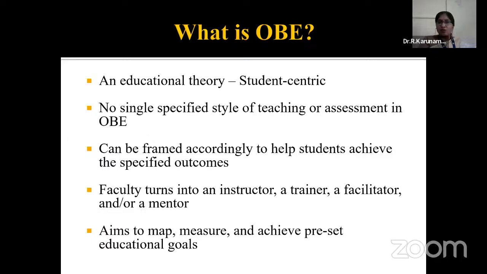What is outcome-based education? Outcome-based education is a kind of educational theory which emphasizes student-centric approach. There is no single specified style of teaching or assessment followed in outcome-based education.